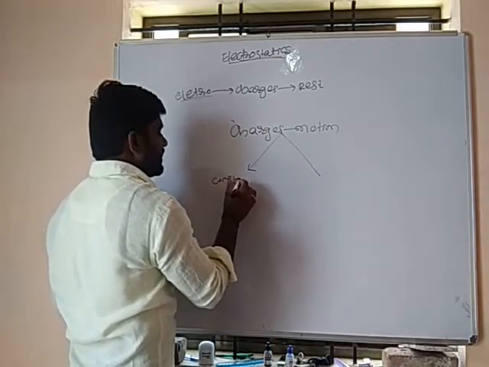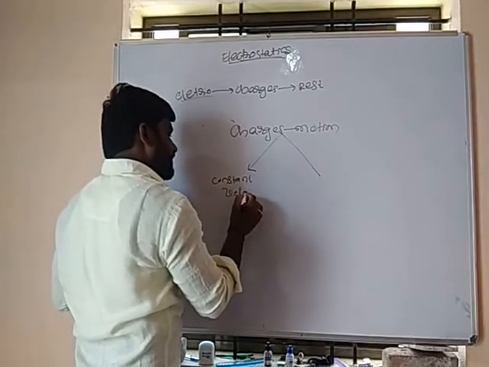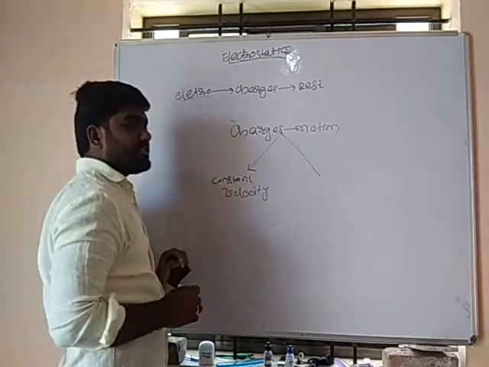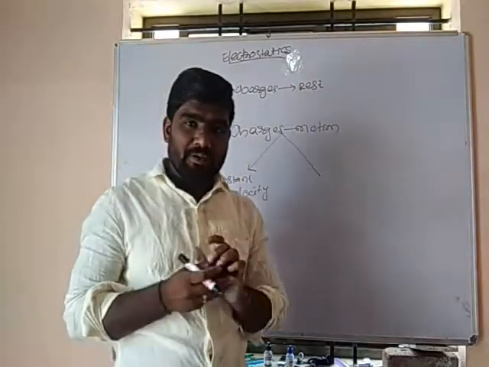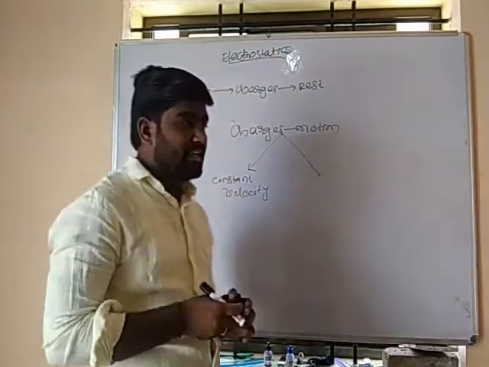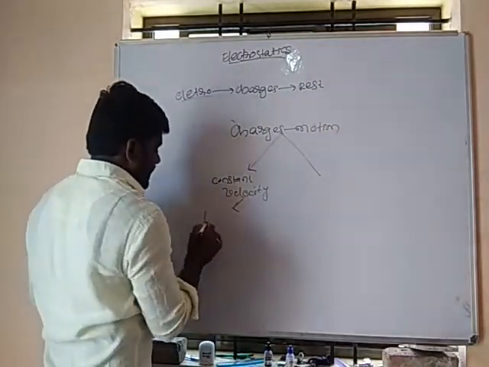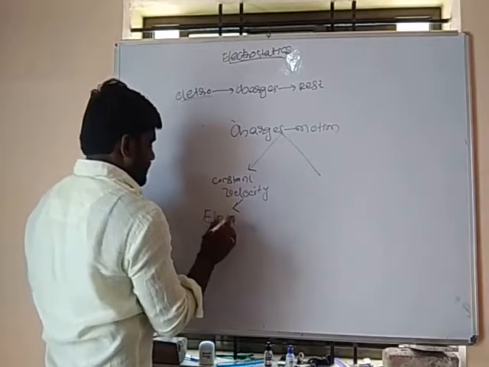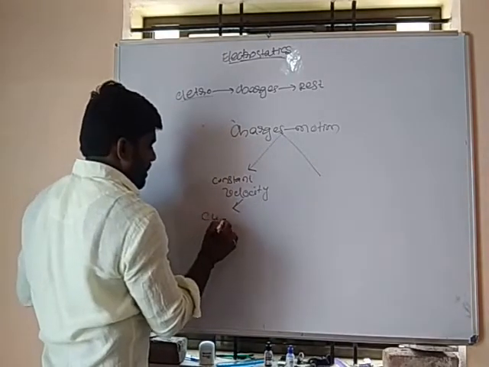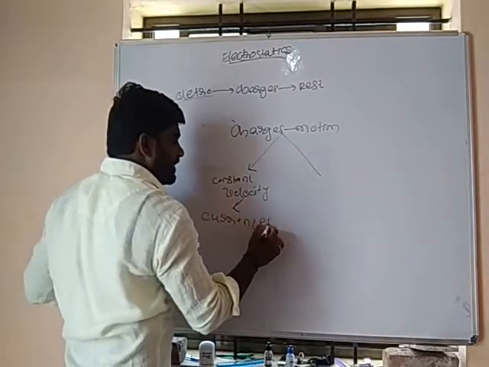If charges are moving at a constant velocity, it is called current electricity.